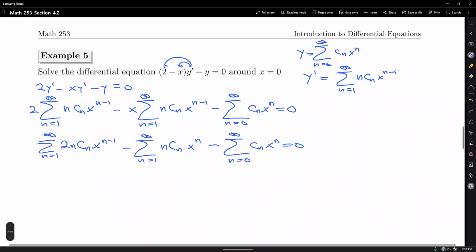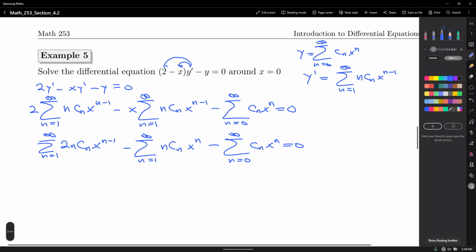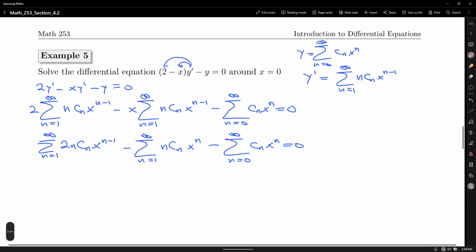All right. However, check. Do you guys agree that we could do an incomplete shifting? Why can we do an incomplete shifting in this case? Because if I start at 0 here, what happens if I generate the term for n equals 0? That'll be 0 times c sub 0 times x to the 0, which would be 0, isn't it?